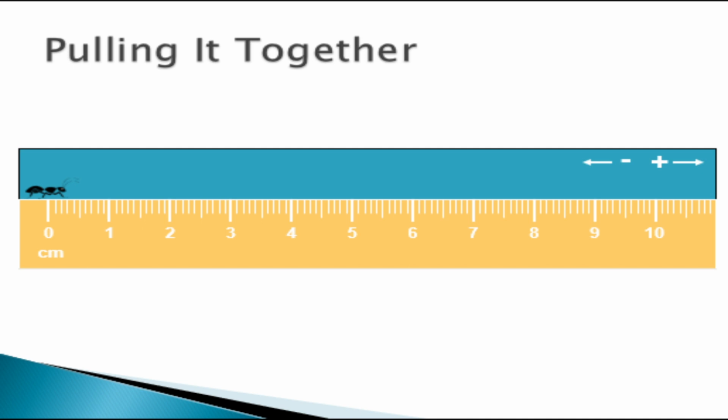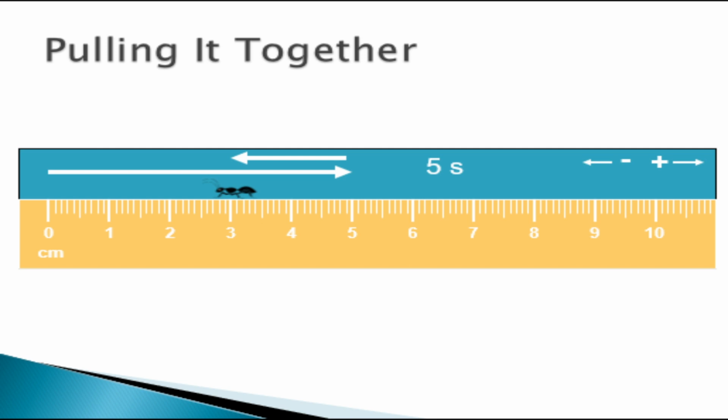To give us an example or comparison between speed and velocity, I have here an ant. Let us observe or calculate the distance and displacement, the speed and velocity of the ant. Let's start with this one. The ant moved from this point and then goes back to this point at 5 seconds. The question: what is the distance covered by the ant?